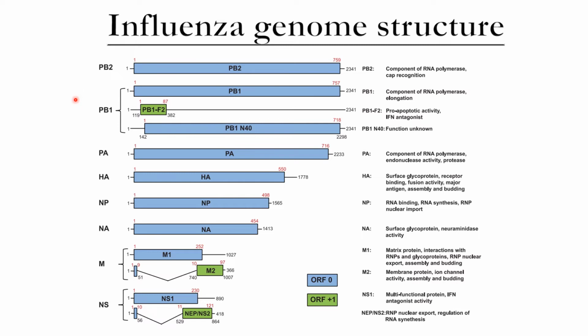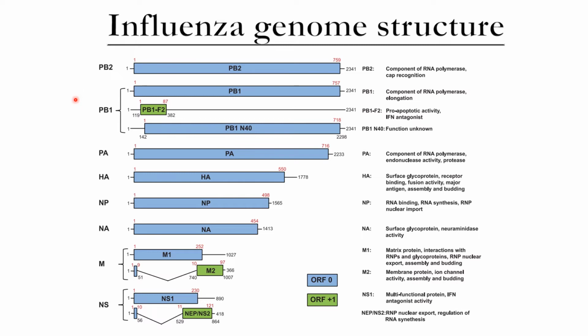The PB1-F2 and PB1-N40 proteins are expressed from alternative open reading frames within the PB1 gene, although not all influenza A virus strains encode these proteins, making them true accessory proteins.